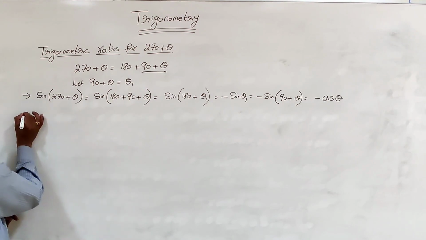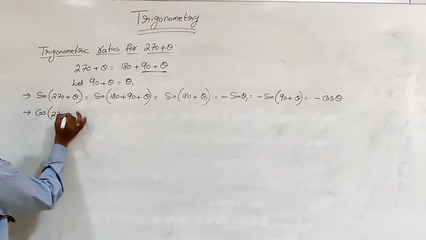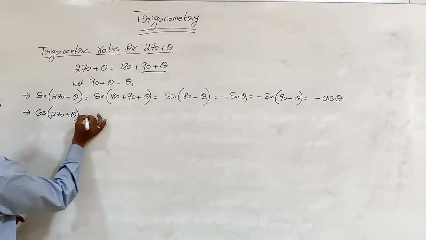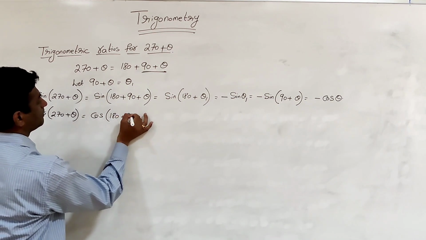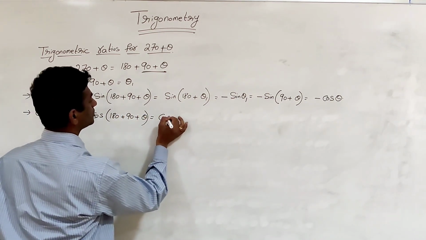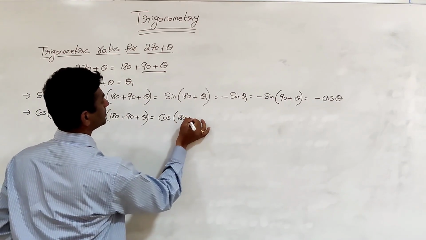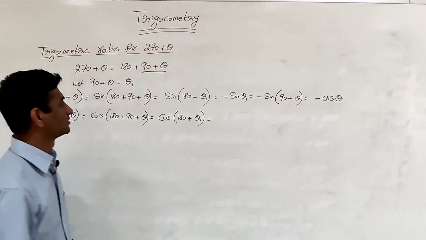Next, cos of 270 plus theta. Cos of 180 plus 90 plus theta. That will be cos of 180 plus theta 1. Cos of 180 plus theta will be minus cos theta.